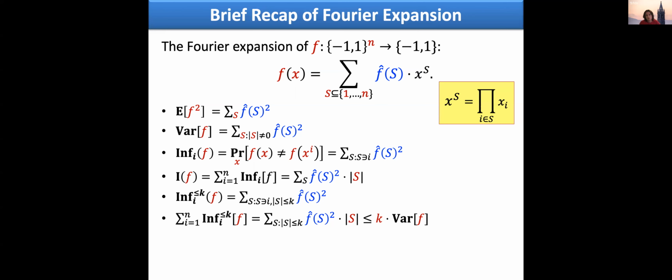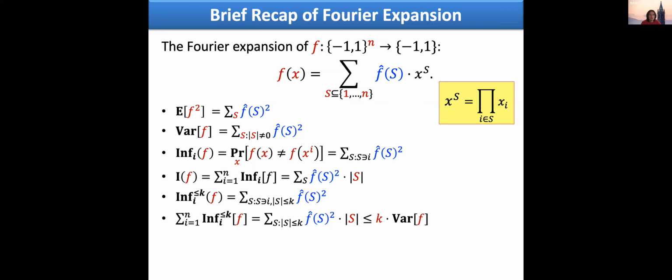This tells us that the sum of the squares of the Fourier coefficients equals 1. In particular, you can think of the squares of the Fourier coefficients as defining a probability distribution over the subsets of n, because they're all positive and they sum to 1.